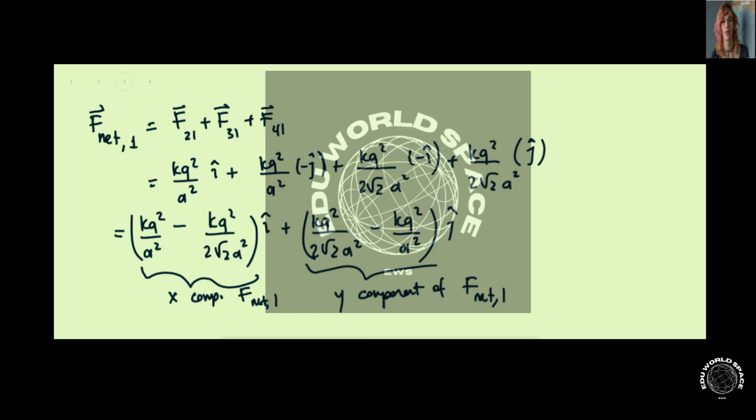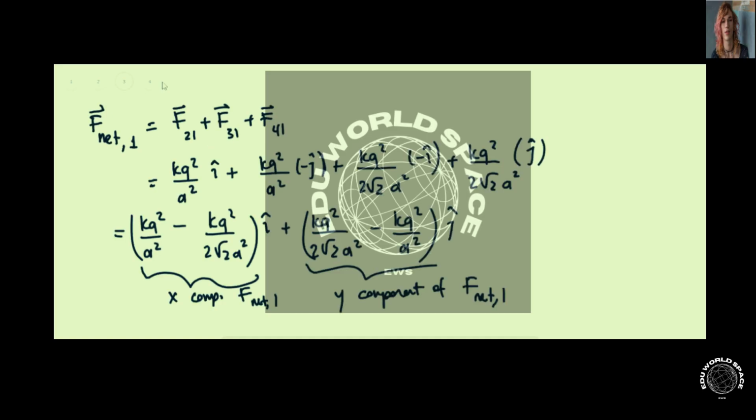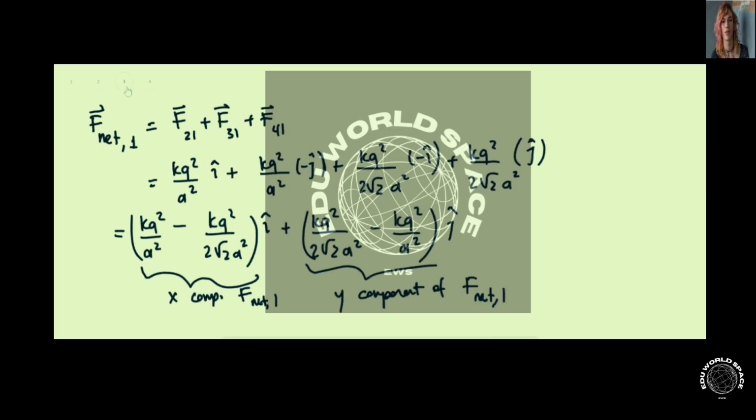So I'm going to rearrange: kq squared over a squared minus kq squared over 2 square root of 2 a squared. Now we're going to equate the denominators so that we can work with it: 2 square root of 2 kq squared over 2 square root of 2 a squared, minus kq squared over 2 square root of 2 a squared. From here, we have 2 square root of 2 minus 1, times kq squared over 2 square root of 2 a squared.